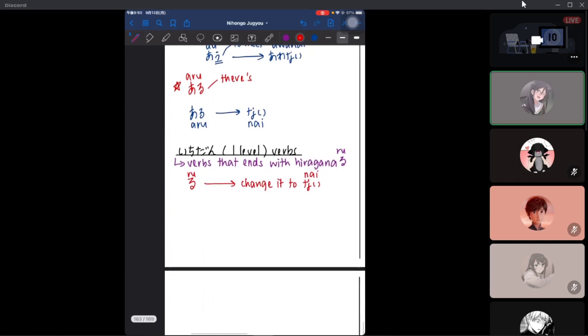Change it to nai, the ru at the end of the verb. For example, a verb that we have learned in this chapter actually, which is oboeru. This one means to remember.